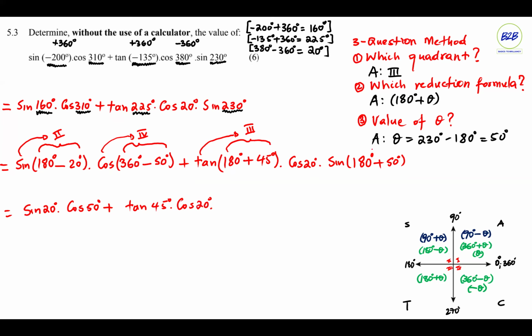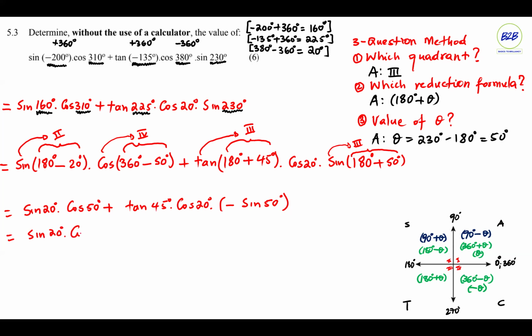And then we see 180 degrees plus 50 degrees is the third quadrant, and sine is negative in the third quadrant. All right. Then let us move along. We can keep sine 20 degrees, because there is cos 20 this side.